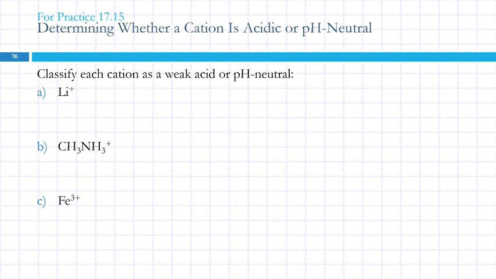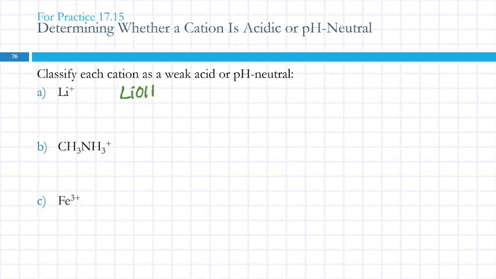Okay, here's the cations. Classify each cation as a weak acid or pH neutral. Again, let's look at the base that this would correspond to, right? So lithium hydroxide, what base does that come from? Did I say lithium hydroxide? I did.